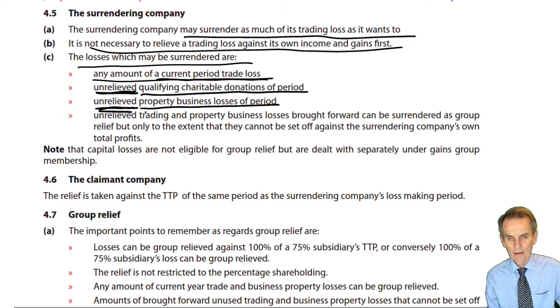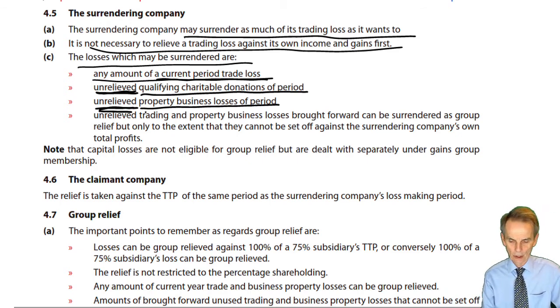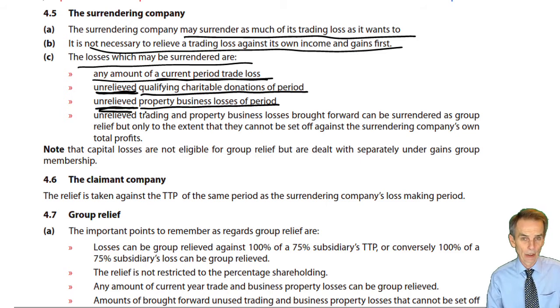Any of those, any amount of current period trading loss, any excess donations, excess property business losses, i.e. after they've been deducted from total profits, those too would then be eligible for group relief. Subject to what I've just said there, you can't create excess qualifying charitable donations by the use of another loss, like your current period claim here. But all of that has been about current period losses there.